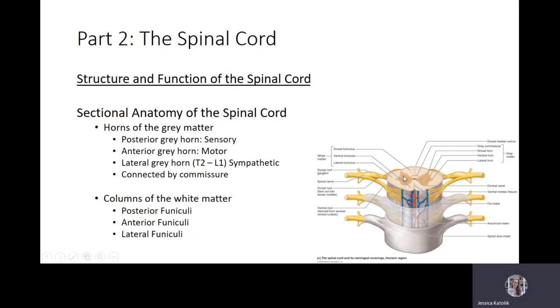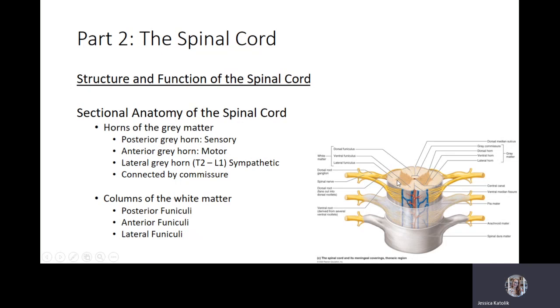We'll see that the posterior gray horn or the dorsal gray horn is going to be responsible for bringing in sensory information. The lateral gray horn is going to be responsible for visceral motor information, while the anterior gray horn or the ventral gray horn is going to be responsible for somatic motor information.